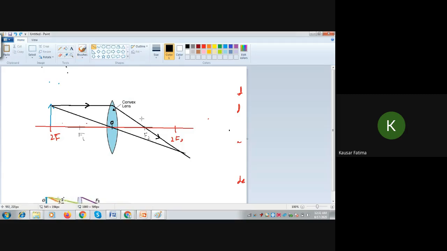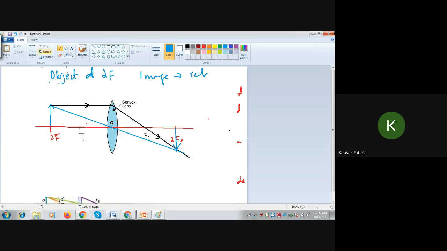So the image forms exactly at 2F because the rays are intersecting at this point. My measurements are of course not very accurate, but this is the position where the rays are intersecting. Object at 2F. What about the image? Real.